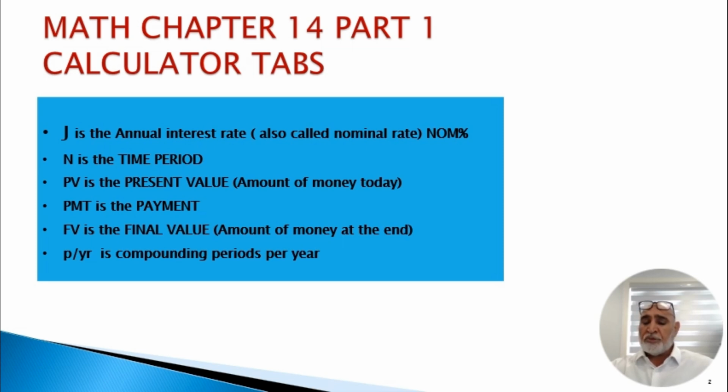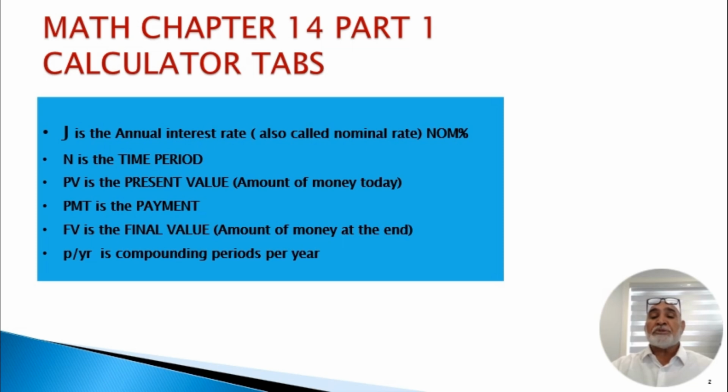In the calculator, the word payment should be payments, because it's how many payments there are for the time period. And FV stands for future value. So we're going to go through the same thing in chapter 14. Chapter 13 and 14 are basically identical.